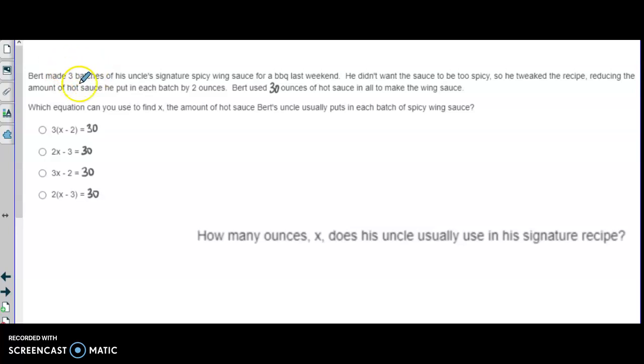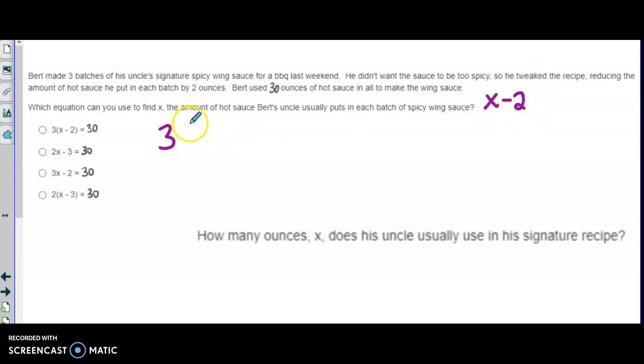Okay, so he made 3 batches. We know that. And in each of his batches, he reduced the amount of sauce by 2 ounces. So X was the original amount of sauce in the recipe. So we have the original amount of sauce in the recipe, and we're subtracting 2 ounces from that. We're doing that for each batch.